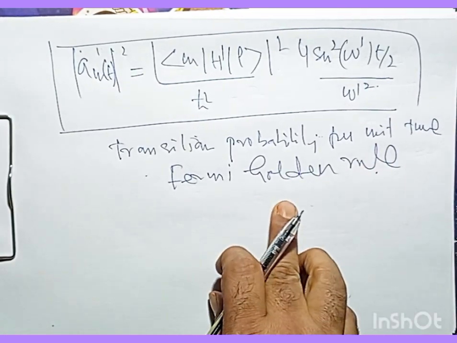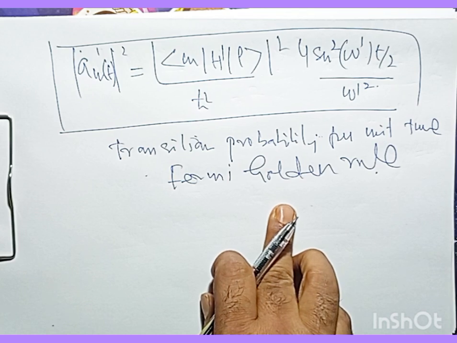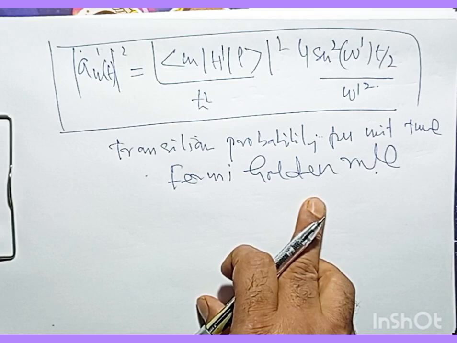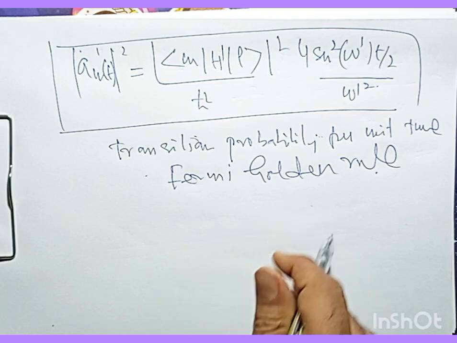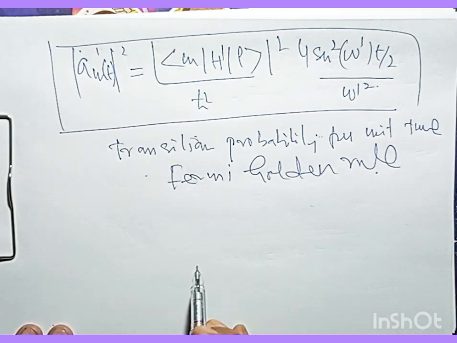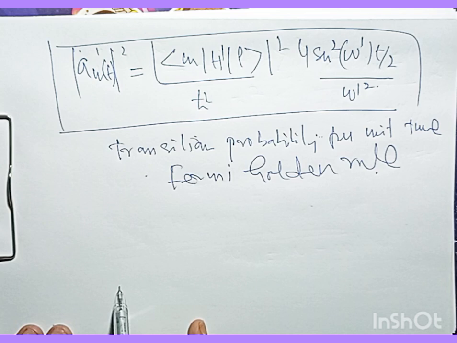And certainly this Fermi golden rule is named for Enrico Fermi, who first introduced this rule to calculate such kinds of transition probabilities. And we can sketch this in a graph. If I take a rough note of it, we'll try to draw it.